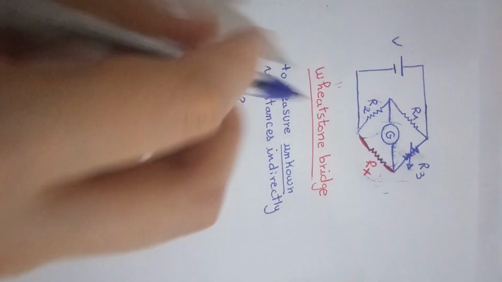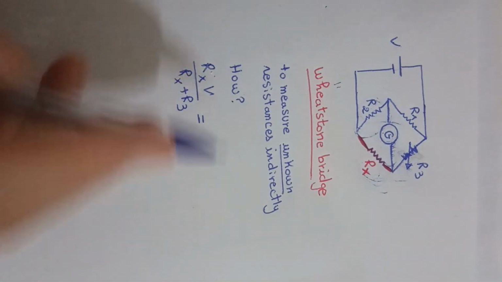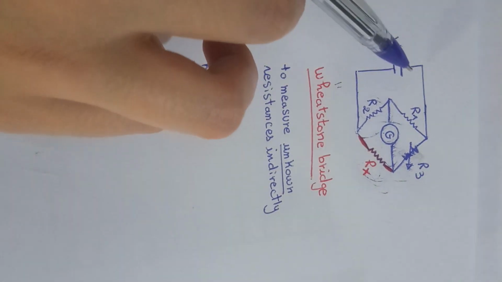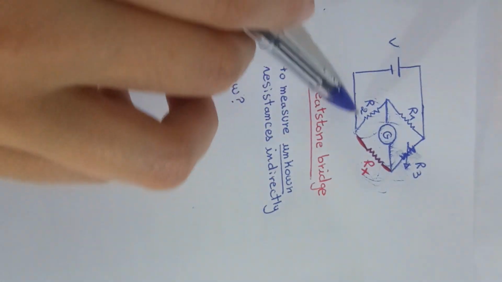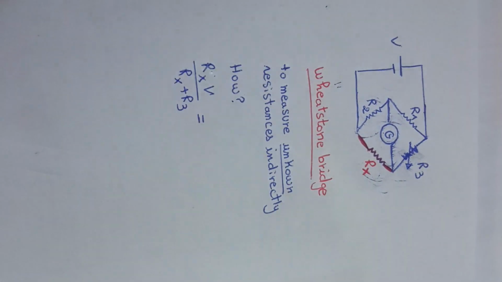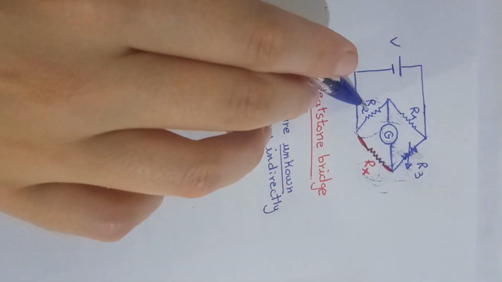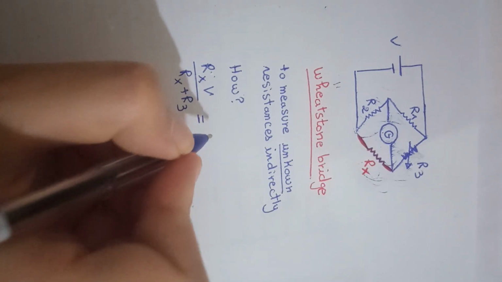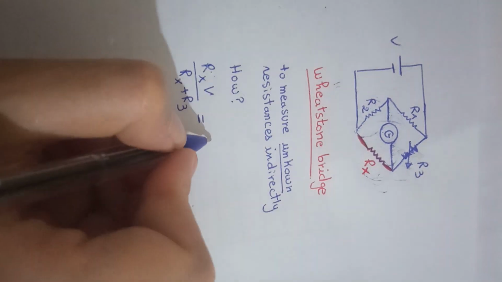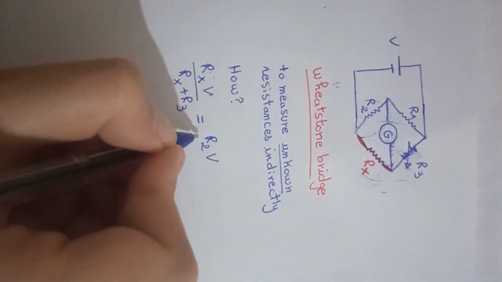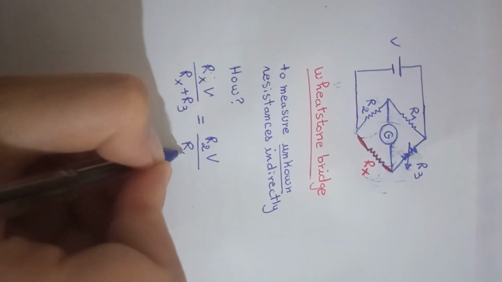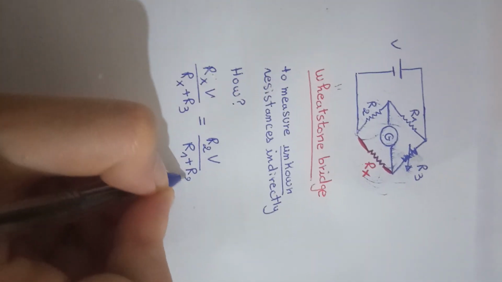Great. We make it equal to the voltage across R2. The voltage across R1 and R2 is V, so let's also use the voltage divider rule. The voltage across R2 is R2 times V over R1 plus R2.